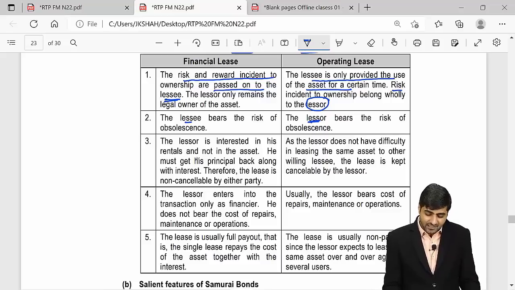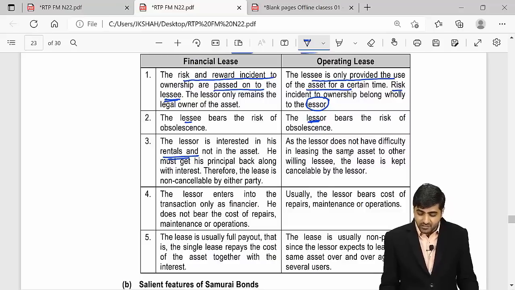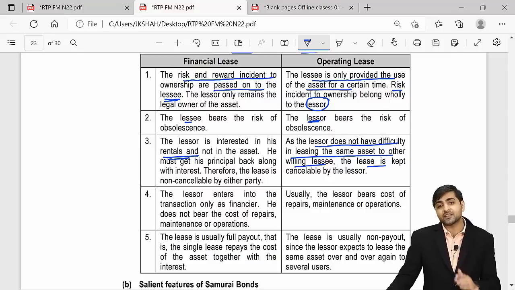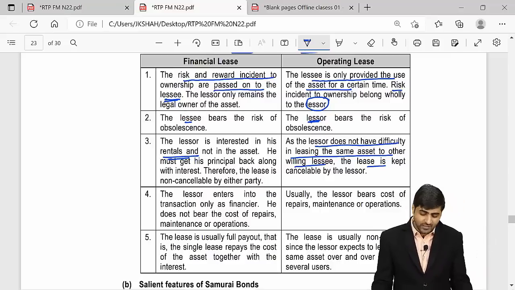The lessor is interested in the rentals and not in the asset, okay. But here definitely we have to take into consideration your rental part, and the lessor does not have any difficulty in leasing the same asset to other willing lessee, and the lease is kept cancelable by the lessor. So if you want that, you can immediately transfer that particular asset to someone else as well.